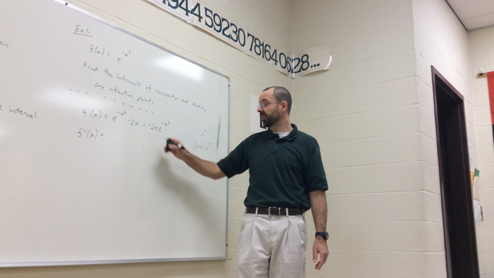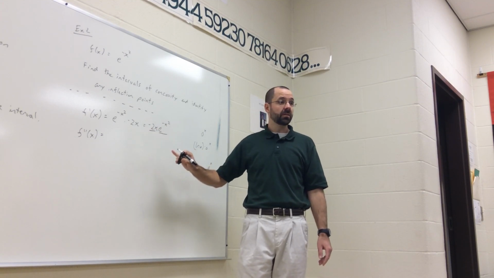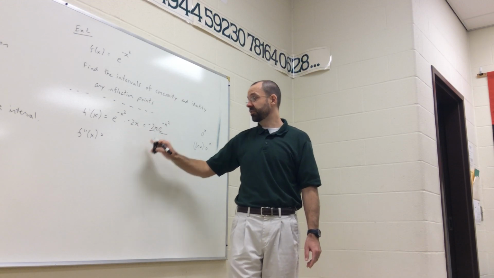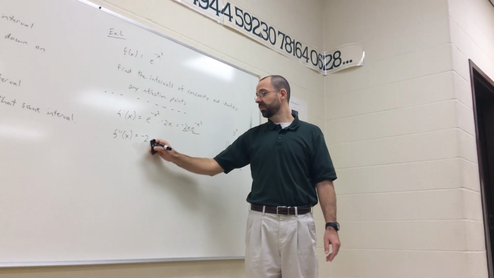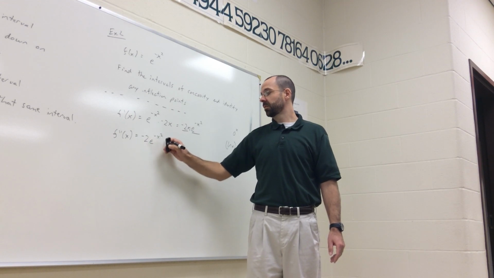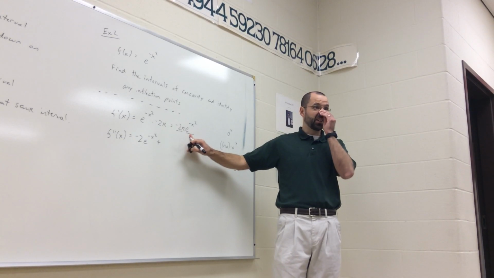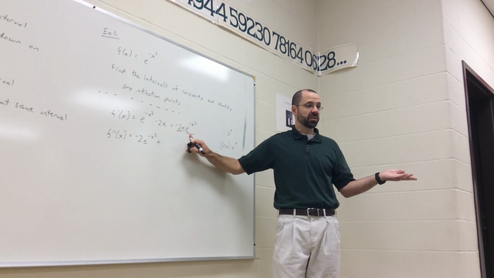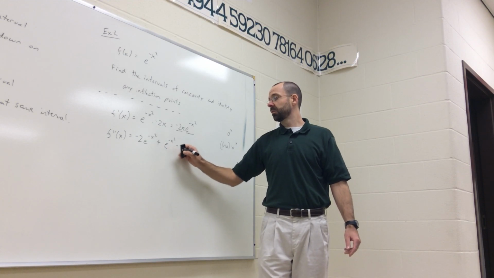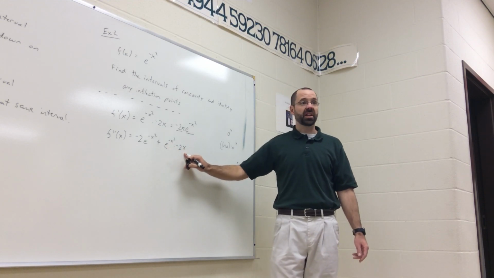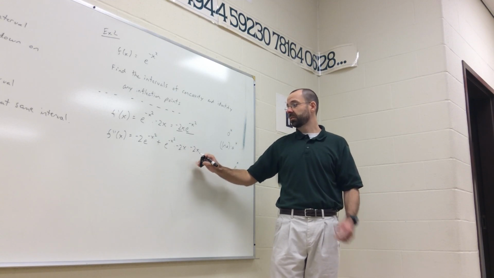Okay, so for the second derivative, it's a product rule. So you take the derivative of the first thing times the regular second thing, plus derivative of the second thing, which is that chain rule that we did just a minute ago, times the regular first thing.